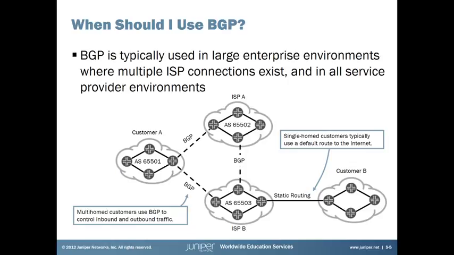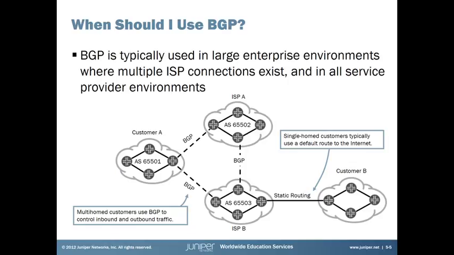Okay, so BGP is always going to be used by an ISP, by a telecommunications organization. If you are a network administrator, network engineer within a telecommunications company, then you're going to have to get very familiar with BGP.